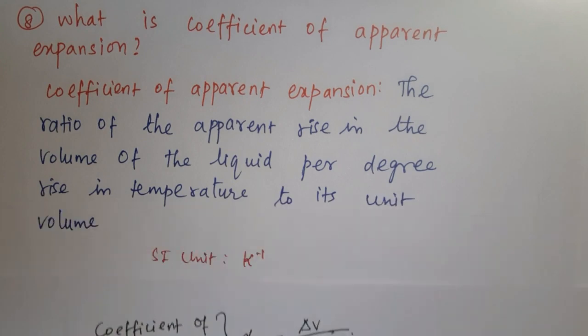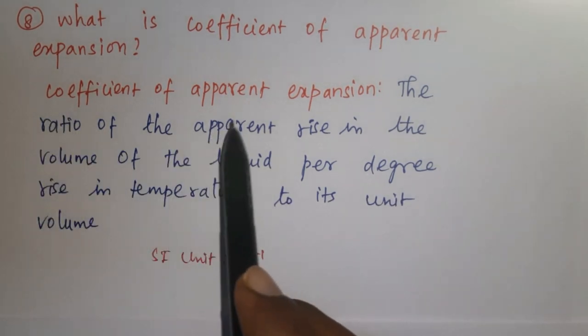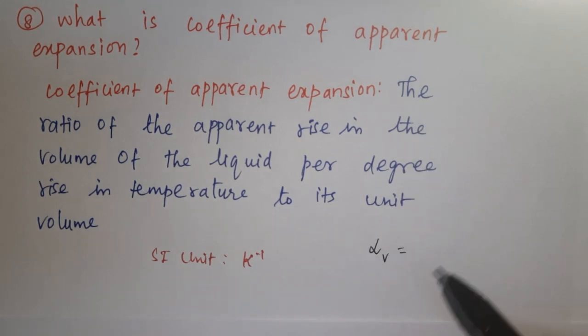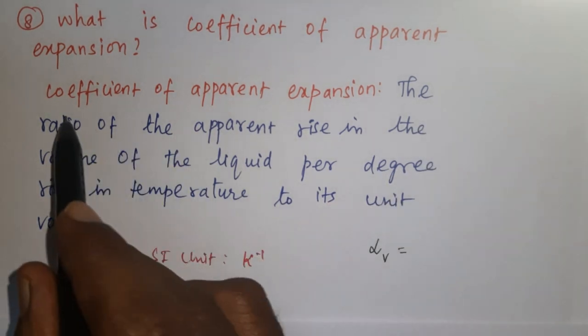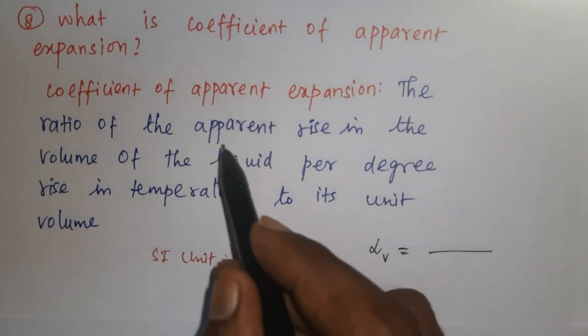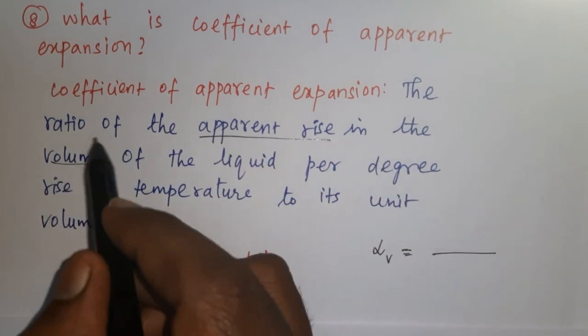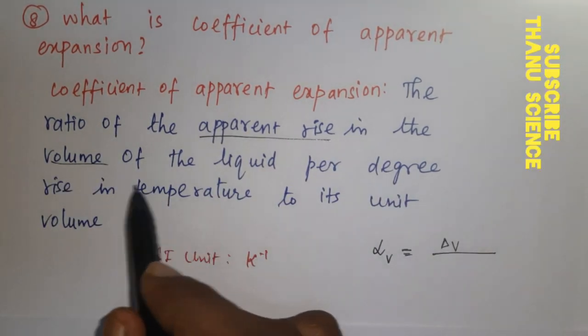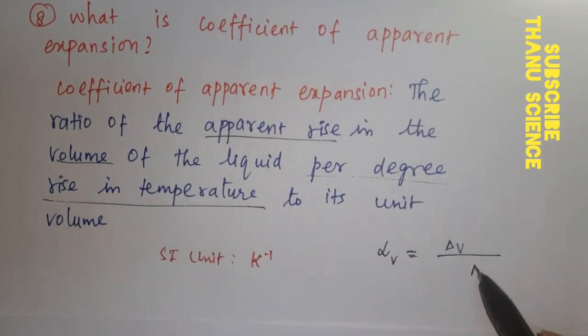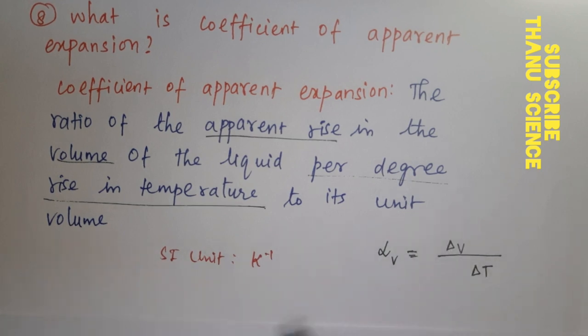So we'll see the definition, how to write. Coefficient of apparent expansion, the ratio of. You can remember this formula, no need to write this formula in your answer. For understanding your writing, the coefficient of apparent expansion is defined as the ratio of apparent rise in the volume, del V of the liquid, per degree rise in temperature, del T, to its unit volume, V naught.